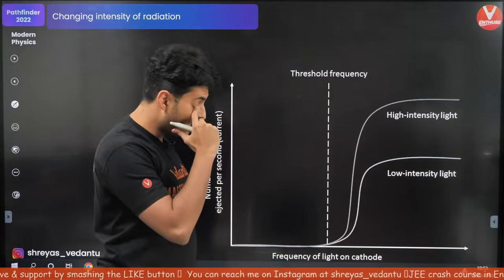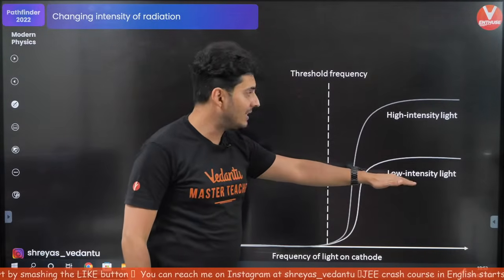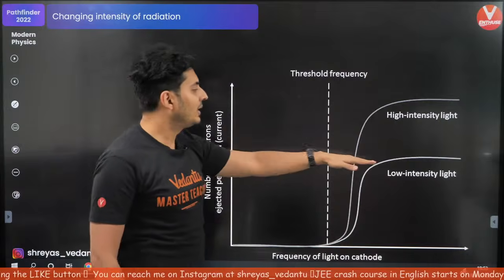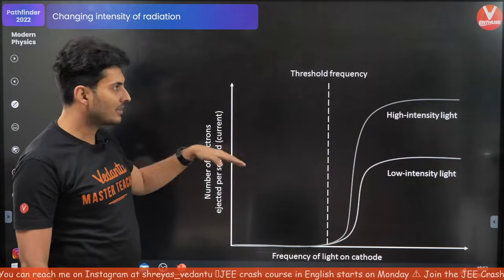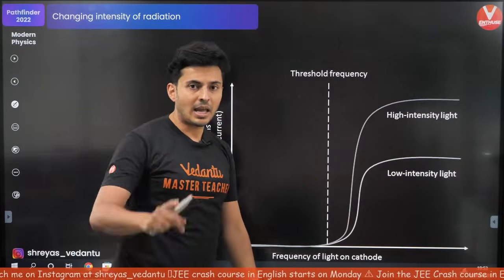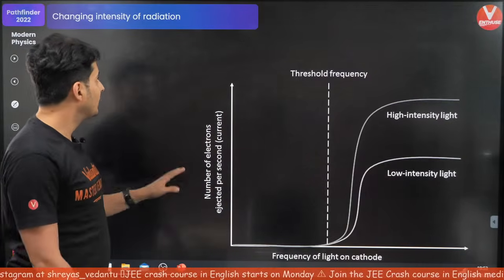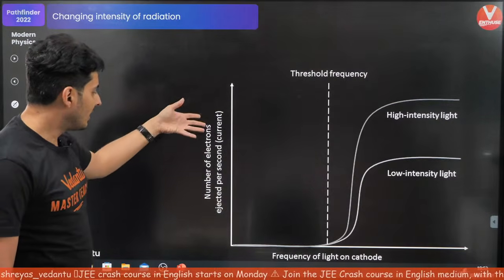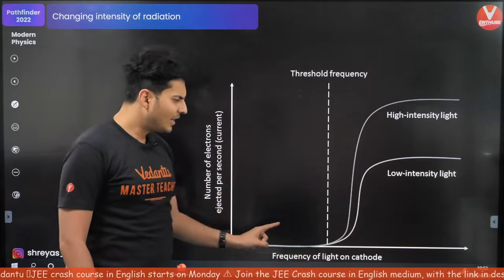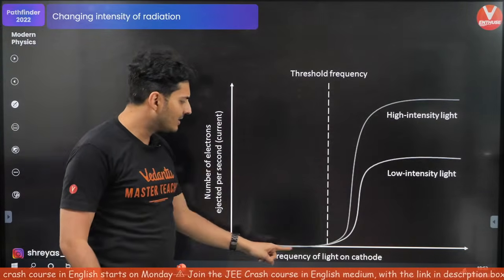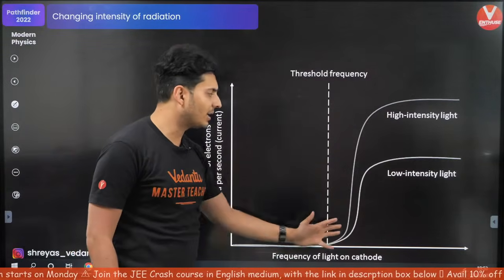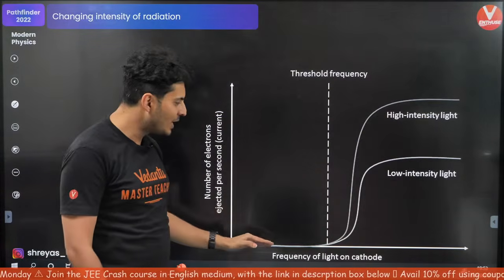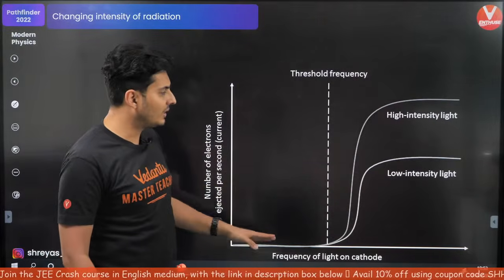So you can see that when the intensity of the light is less, the current is less. When the intensity of the light increases, the current will also increase. But there is always a limit to that. And this graph over here, you can see this is current versus frequency. Notice that this graph starts only after the threshold frequency. So below threshold, there is no photoelectric effect.